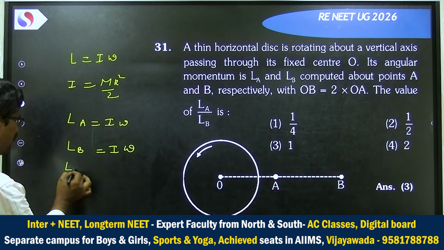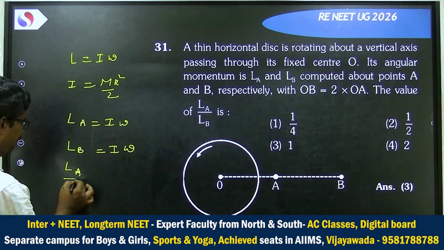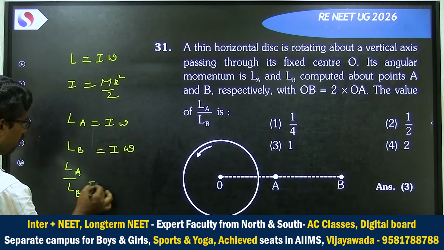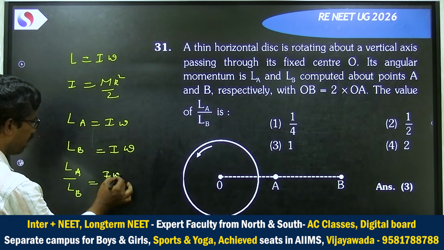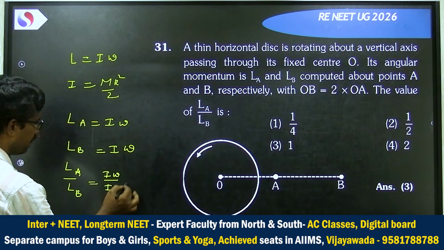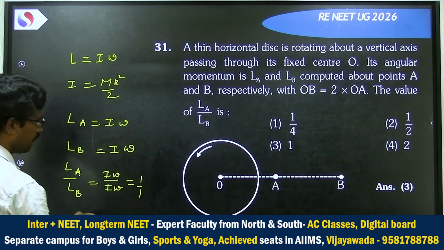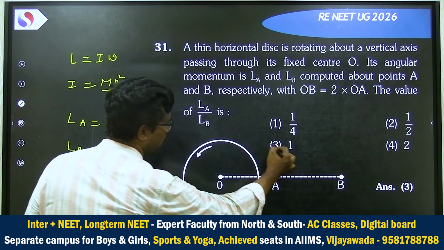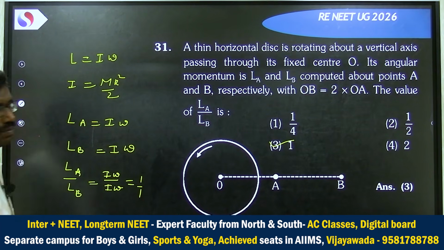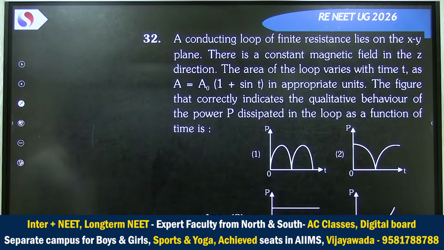We find the ratio LA by LB is equal to I omega by I omega, that is equal to 1 by 1. That LA by LB is equal to 1. Our answer is 1.